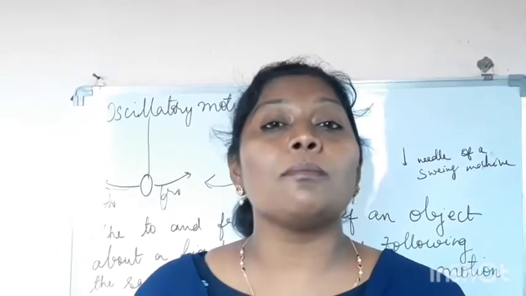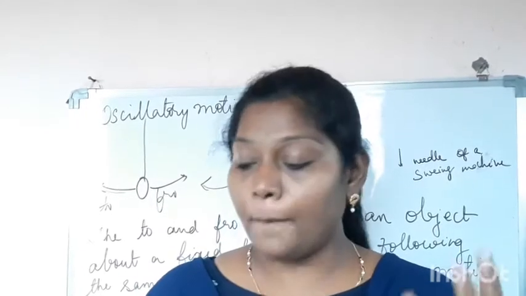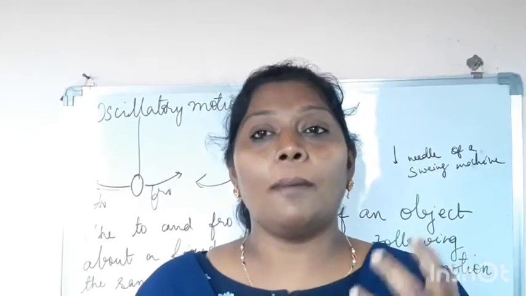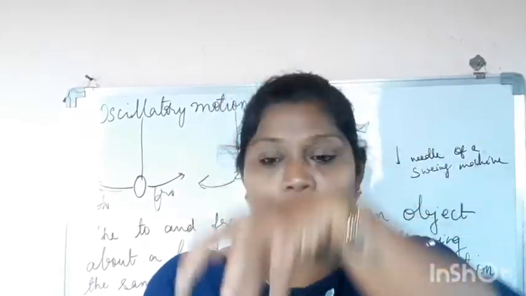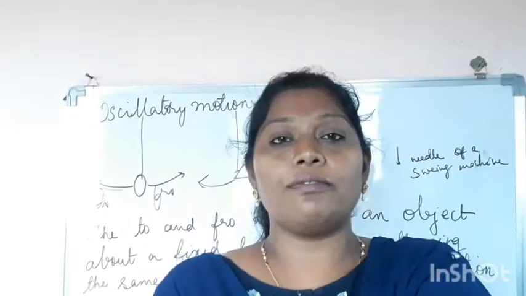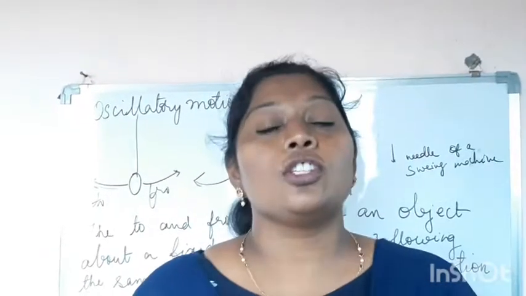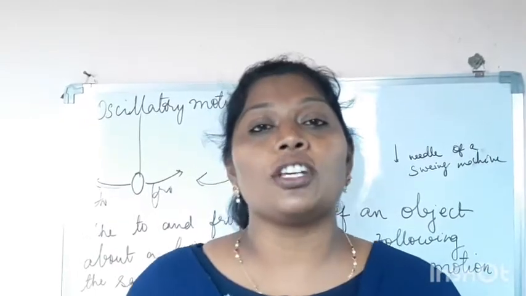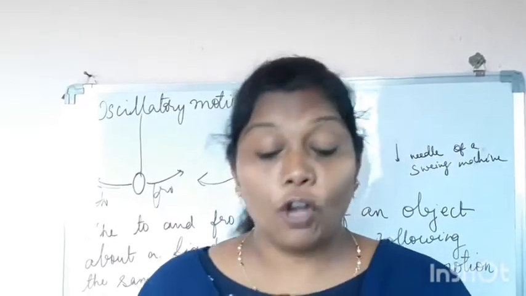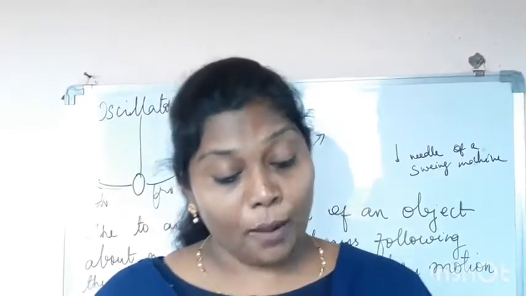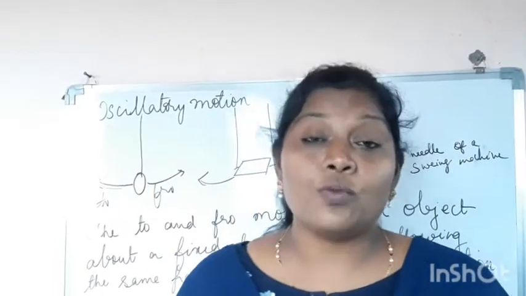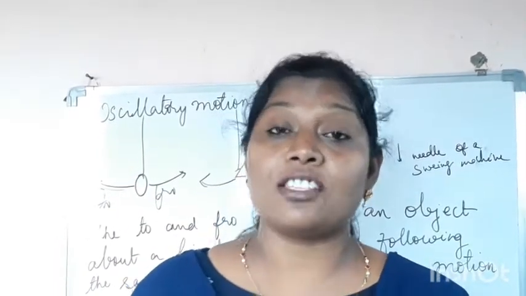A bouncing ball. A bouncing ball will touch the floor and come up again. So it is following a to and fro motion. So definitely it is also following an oscillatory motion. And sometimes we see slow and fast motions.